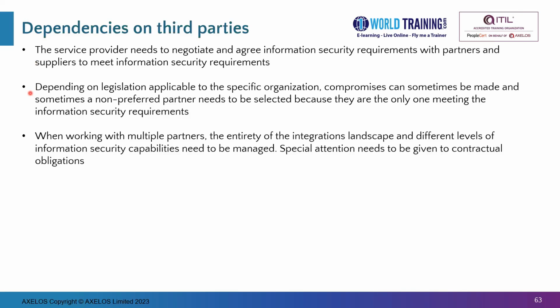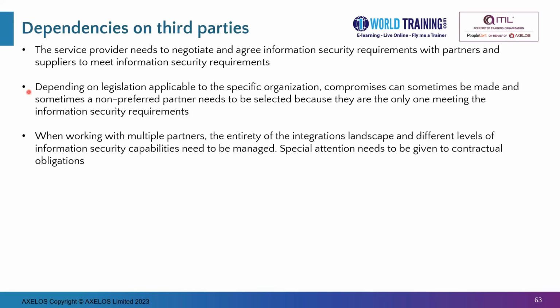Then secondly, the capabilities of the partners may vary from one supplier or partner to another, and also as compared to the organization which is seeking those partners and suppliers. So it may not be possible to choose a business partner or service provider that can meet all the information security requirements.